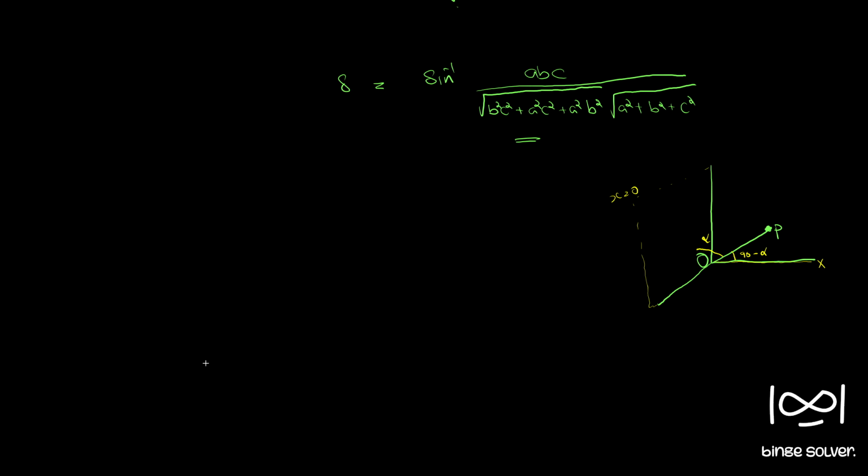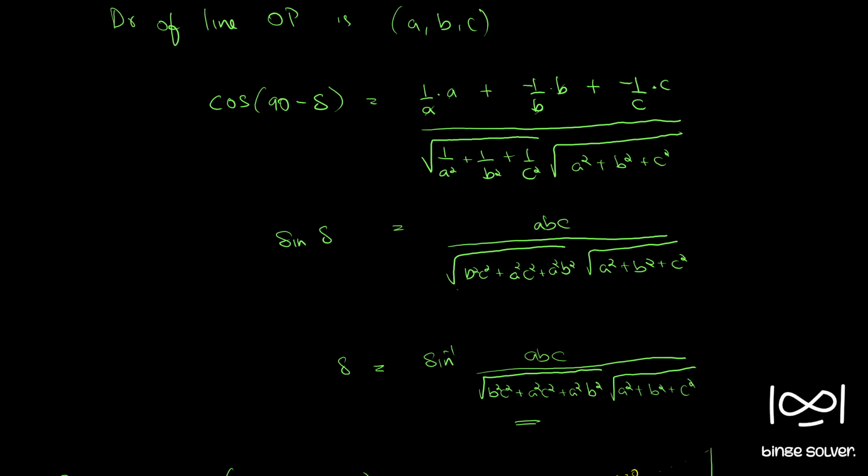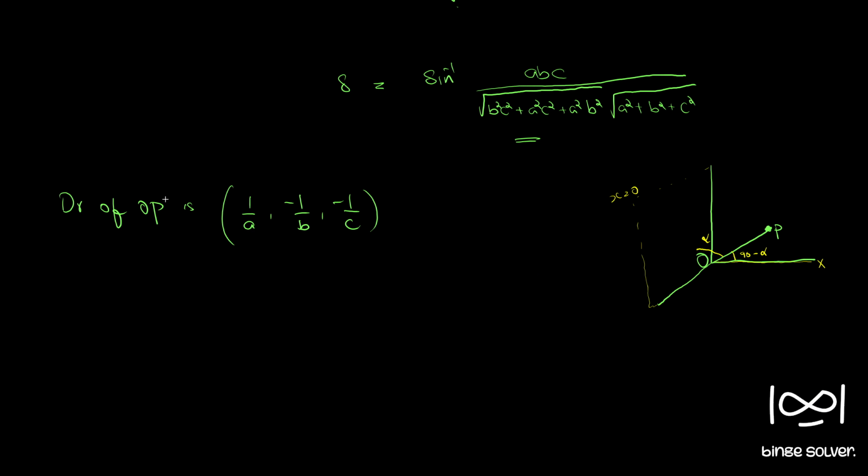We already know the direction ratios of OP. The DR of OP is 1 by A, minus 1 by B, minus 1 by C. Now the direction ratio of the normal to the x equal to 0 plane is the direction ratio of the x-axis, which is 1, 0, 0.